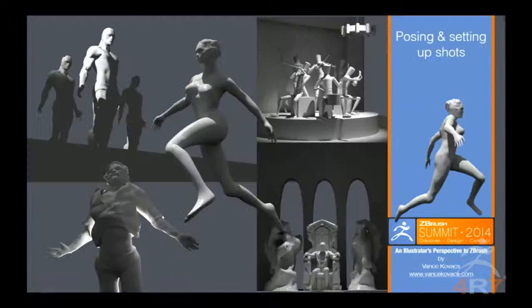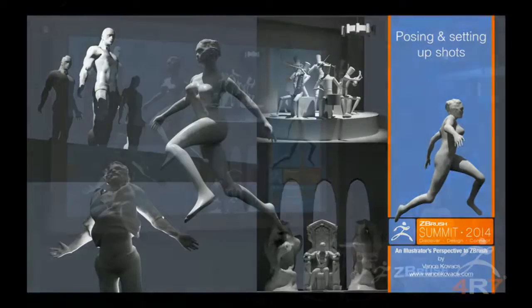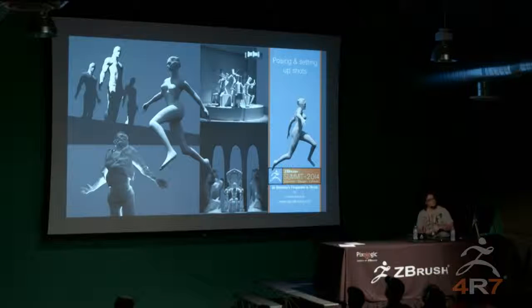So, using it for setting up poses. All these are just kind of my scraps. These never see the light of day. But when I'm on a job and I need to get a pose and I have an idea and I want to play around with it, I've built myself a female model and a male model of my own sculpture, so I can move that around in ZBrush and pose it and re-sculpt on it and again put a light on it and there it is.